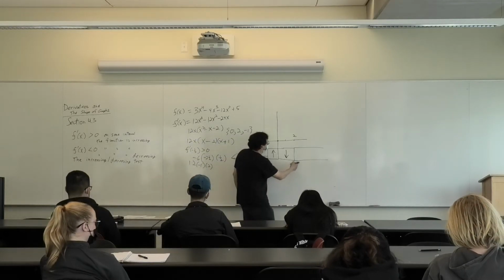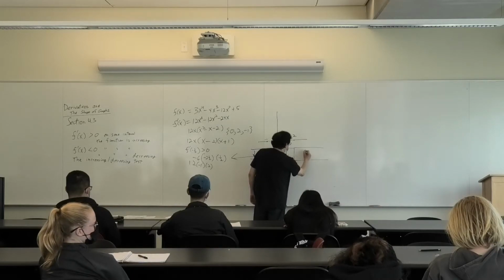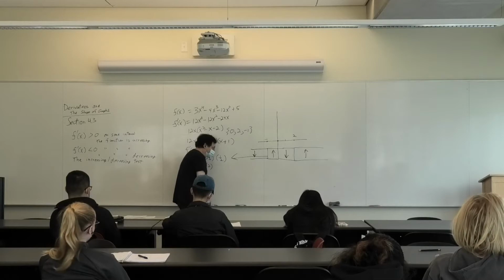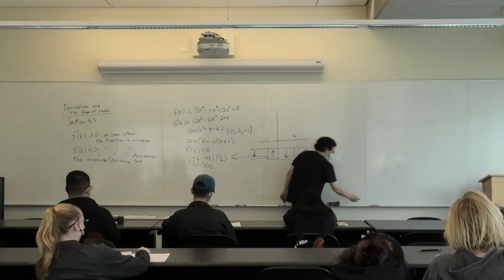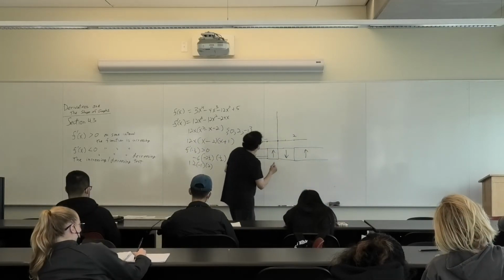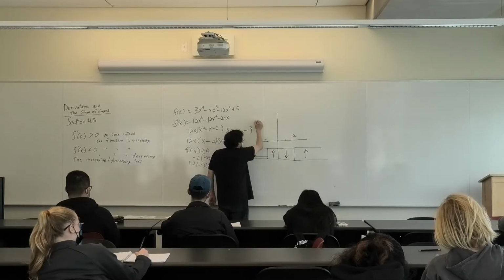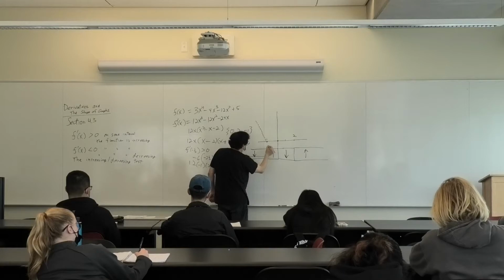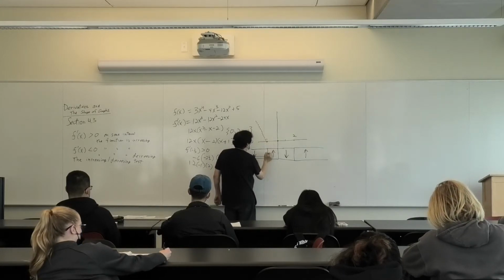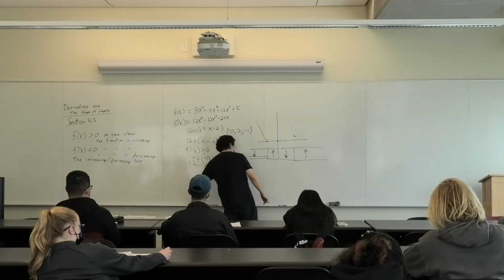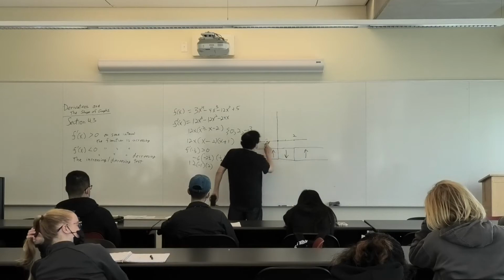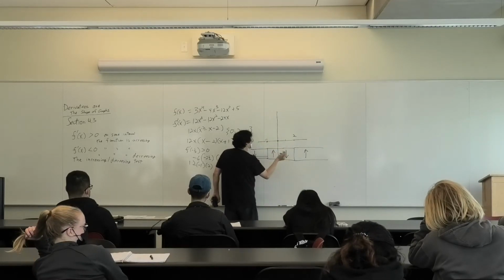We can plug in 3, but I think it's pretty clear it's going to be increasing. So without knowing much else, we can see that the function is going to come down, decrease. I don't really know where it's going to go exactly. These points are where the derivative is 0.